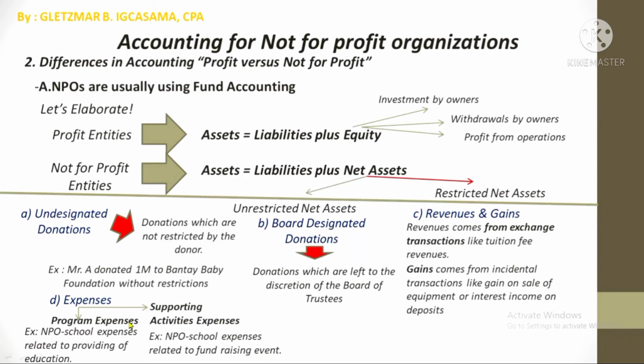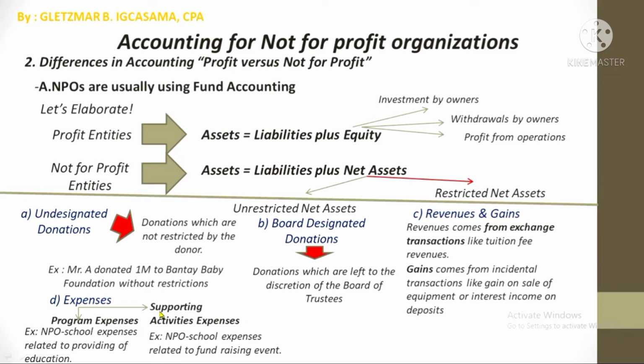But based on the standard, the NPOs are really not required to classify expenses by function. They can choose. However, if we're talking about voluntary health and welfare organizations, they are required to present expenses not just by nature but also by function. So that's a unique requirement by the standard for voluntary health and welfare organizations.